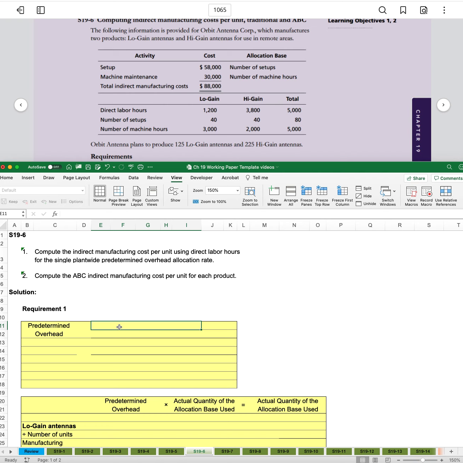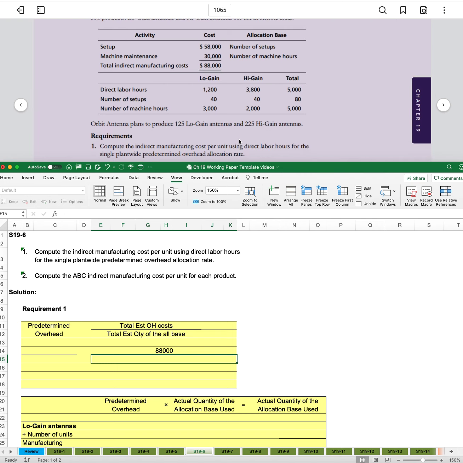To calculate the rate, we use total estimated overhead costs and divide that by total estimated quantity of the allocation base. And so in our case, we have total indirect manufacturing cost of $88,000, and it wanted us to use direct labor hours for the single plant-wide rate.